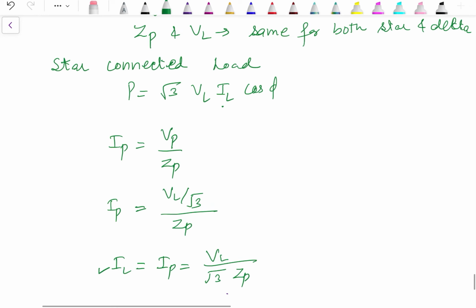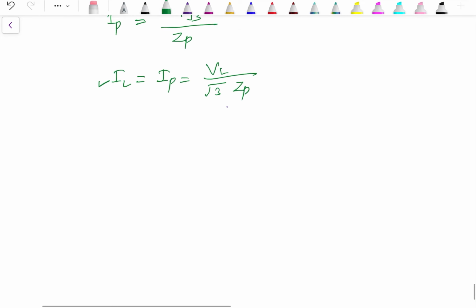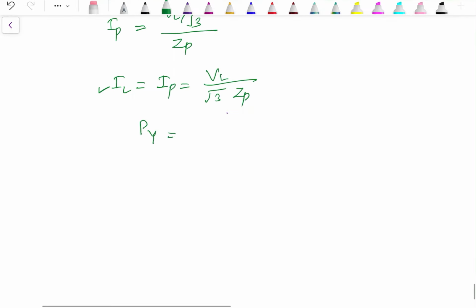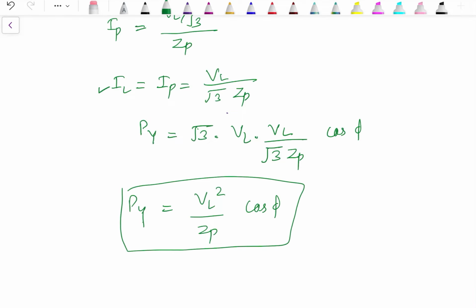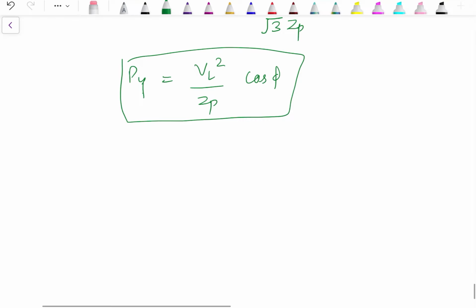In order to differentiate between power in star and delta, I am denoting it by Py. So root 3 times VL into IL, where IL has value VL by root 3 Zp, cos phi. So it's VL square upon Zp cos phi. So that is the power in star.